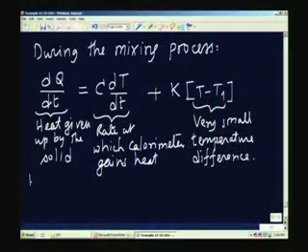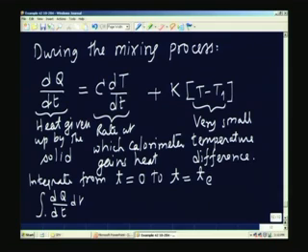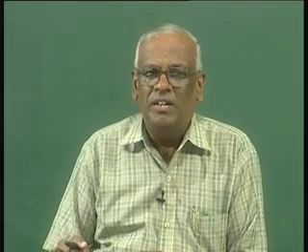That means if I integrate dQ by dt from t equal to 0 to te, this should simply give Q, the amount of heat given up by the solid material as it cools from its own higher temperature to the final terminal temperature.